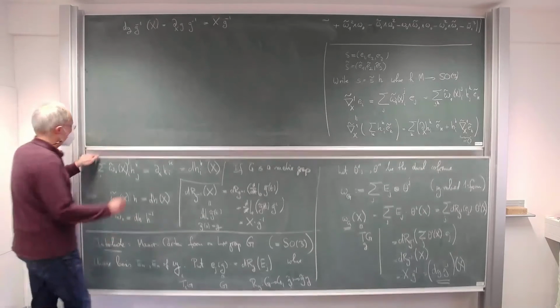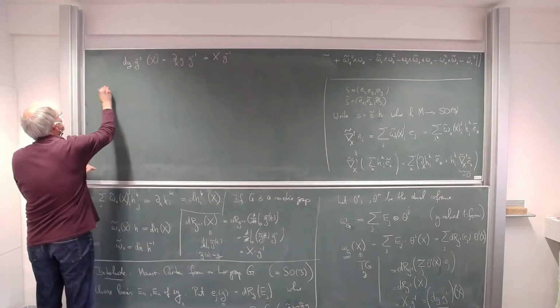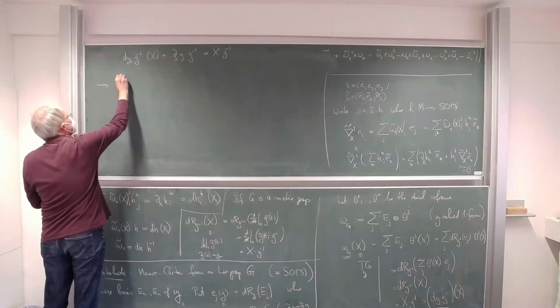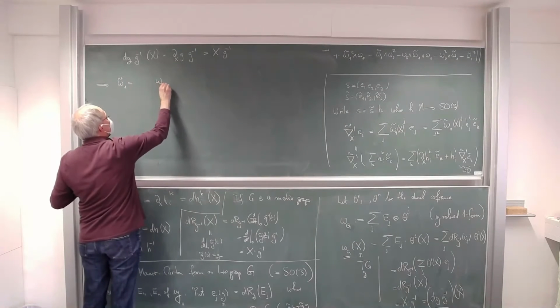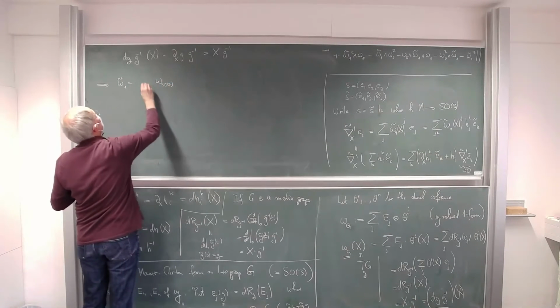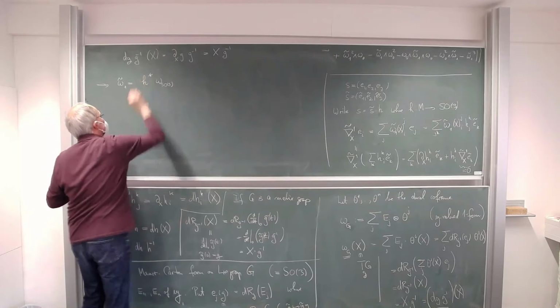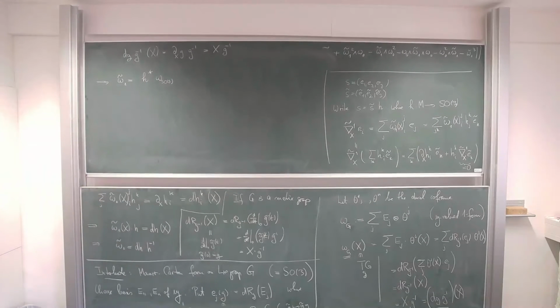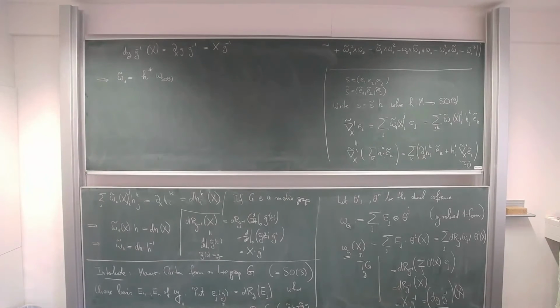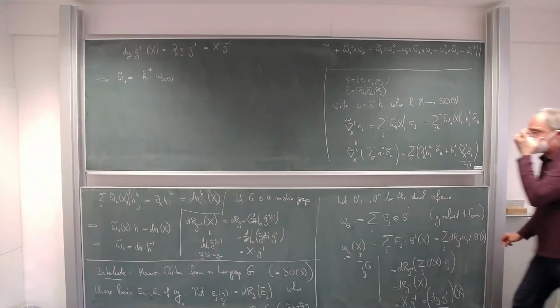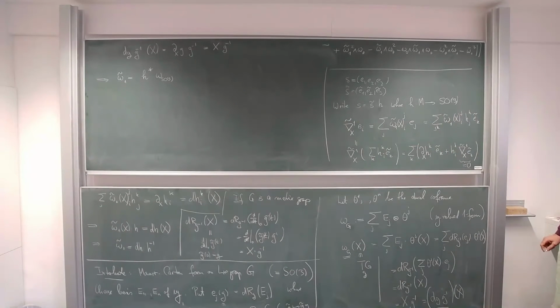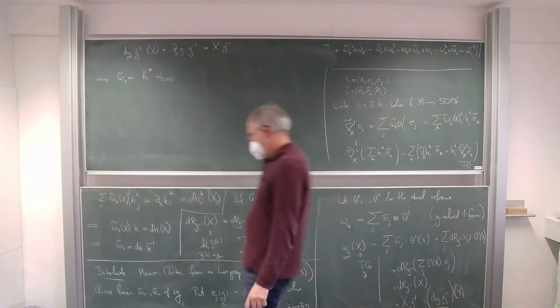So that shows us that this omega 1 tilde is nothing but the Maurer-Cartan form of SO3 pulled back via H. Okay, so that's good, because it seems to be related to some canonical object on the Lie group.